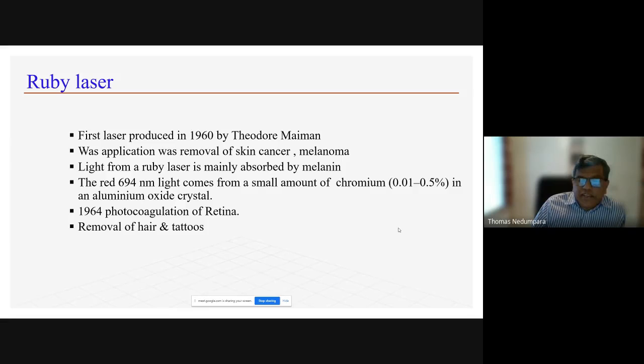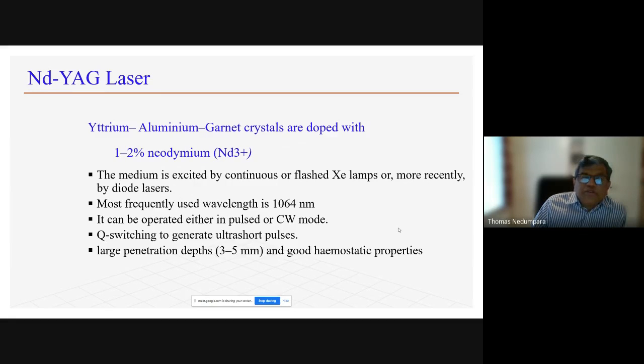This is the first laser made by Theodore Maiman in 1960, and it was used to remove a skin cancer called melanoma. In 1964, this laser was also used for photocoagulation of the retina. Currently, it is mainly used to remove tattoos and hair.